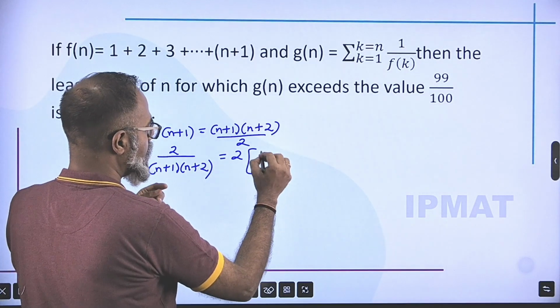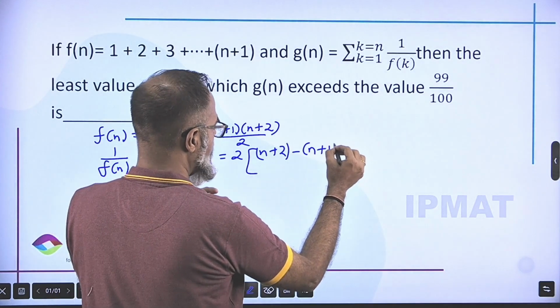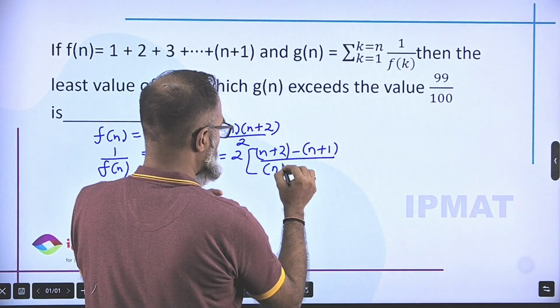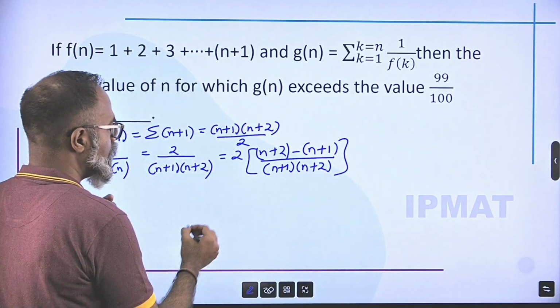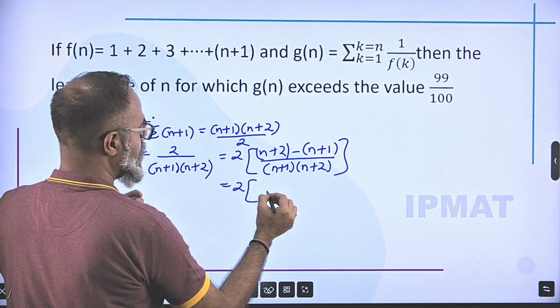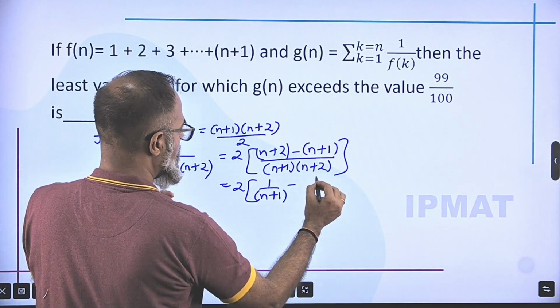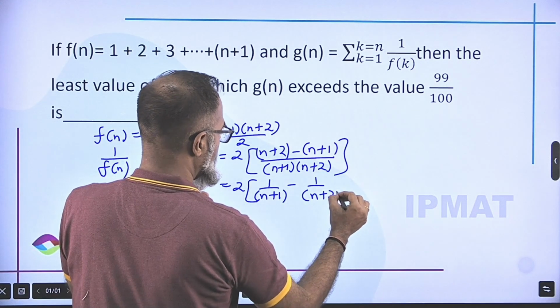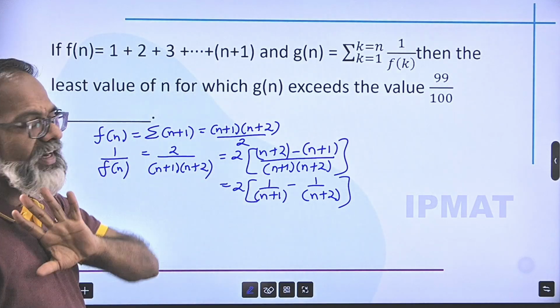So I get 1 and I can write this as n plus 2 minus n plus 1 upon n plus 1 into n plus 2. So this can be written as 2 into 1 upon n plus 1 minus 1 upon n plus 2. So 1 upon f of n is defined as this.